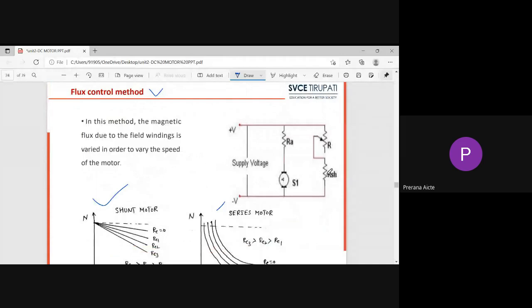When supply voltage is connected, we place an armature resistance RA in series with armature winding. It is an armature control method. Suppose we keep it constant, we can vary the resistance in series with the shunt field winding. Then the current flowing through the shunt field winding varies automatically. The flux changes and speed also changes.